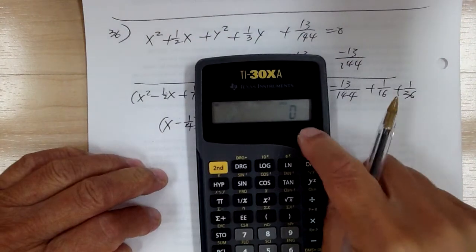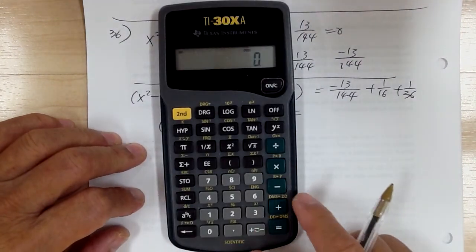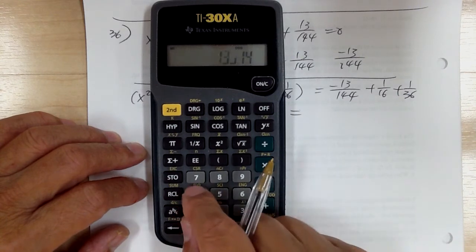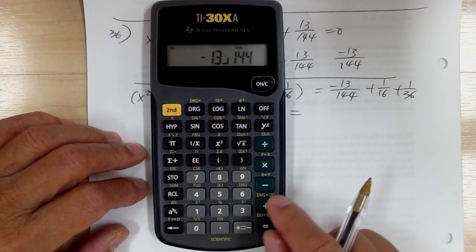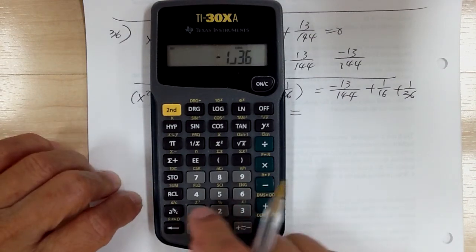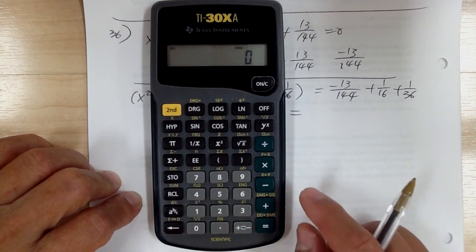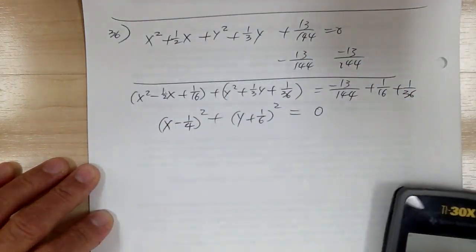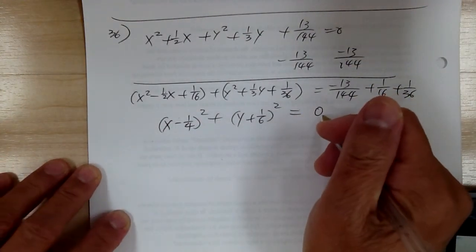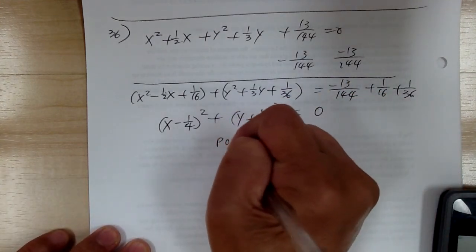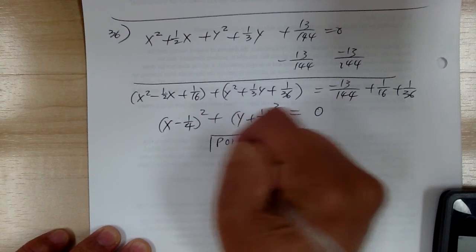So on your calculator, you get negative 13 over 144 plus 1 over 16 plus 1 over 36 equal, you get 0. Okay? So since the radius r squared equals 0, that means you get a point. You're going to get a dot.